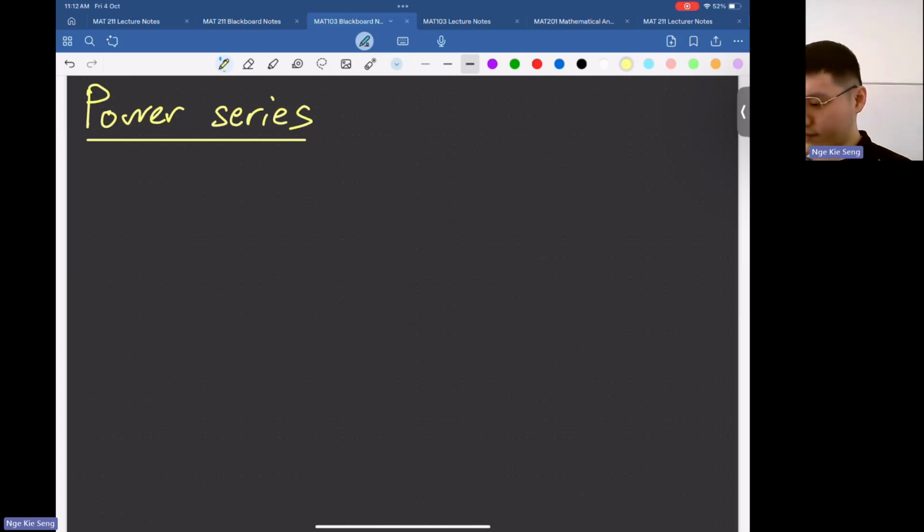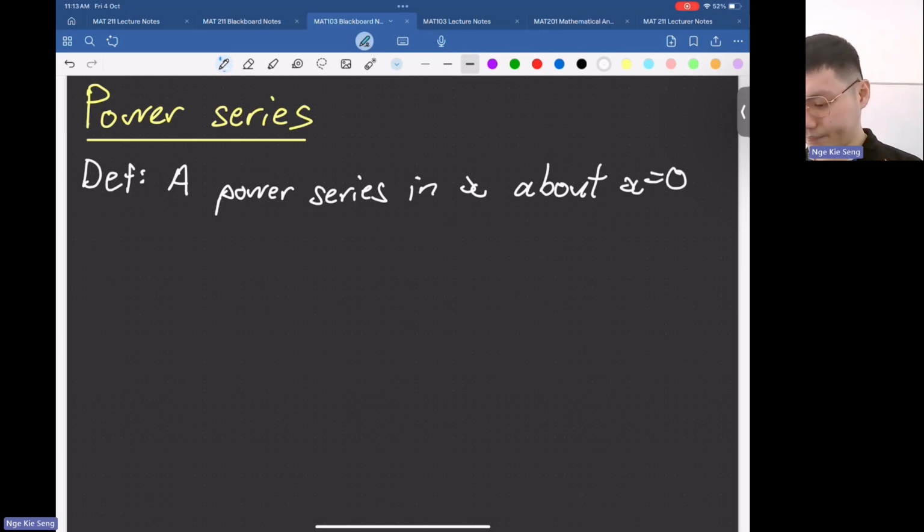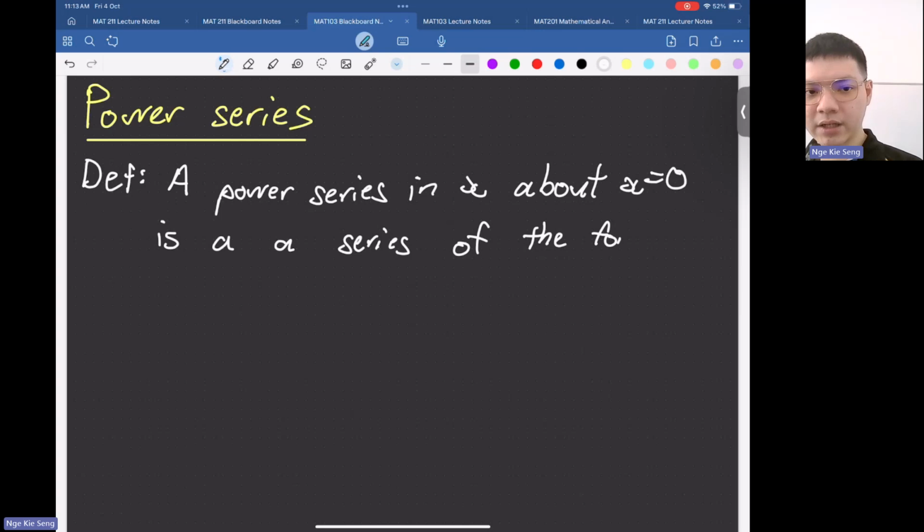So, definition. A power series involving a variable x, very specific one about x equals 0, is a series, obviously. But how do we introduce the power on x? We take the sum of Cn x to the n, from n equals 0 to infinity.